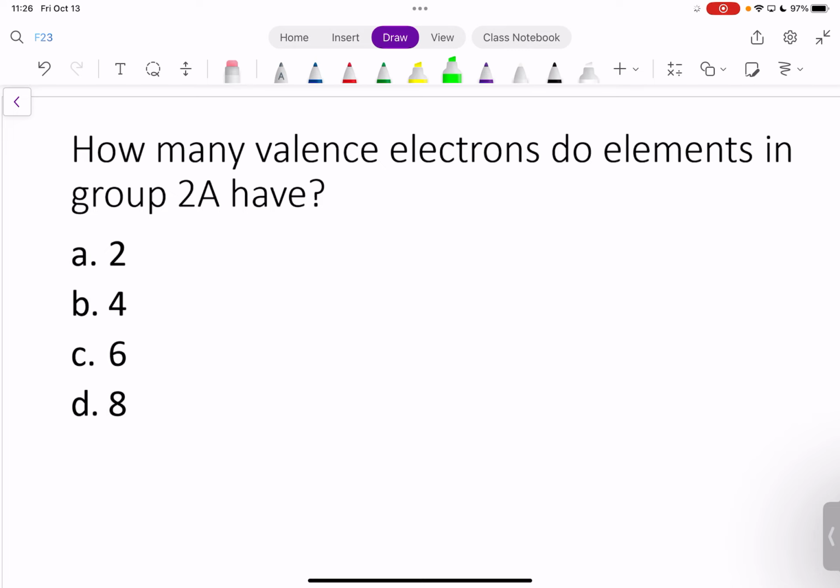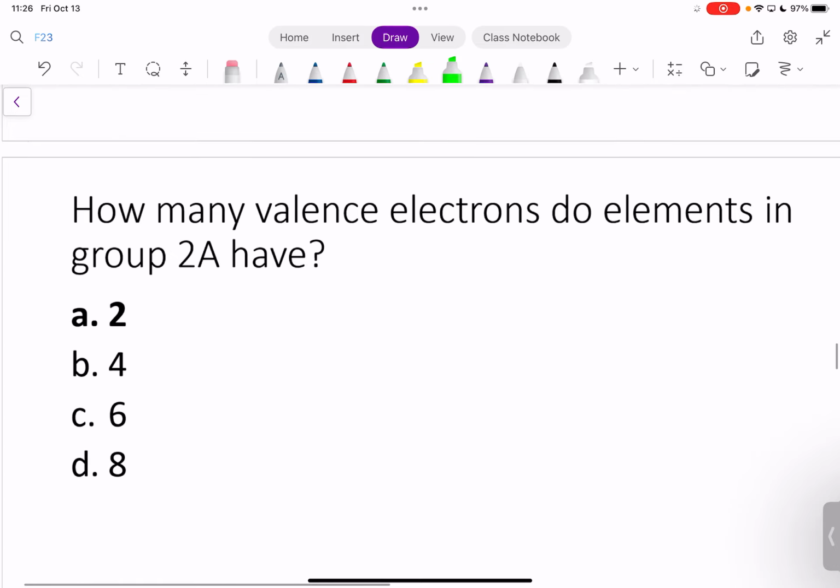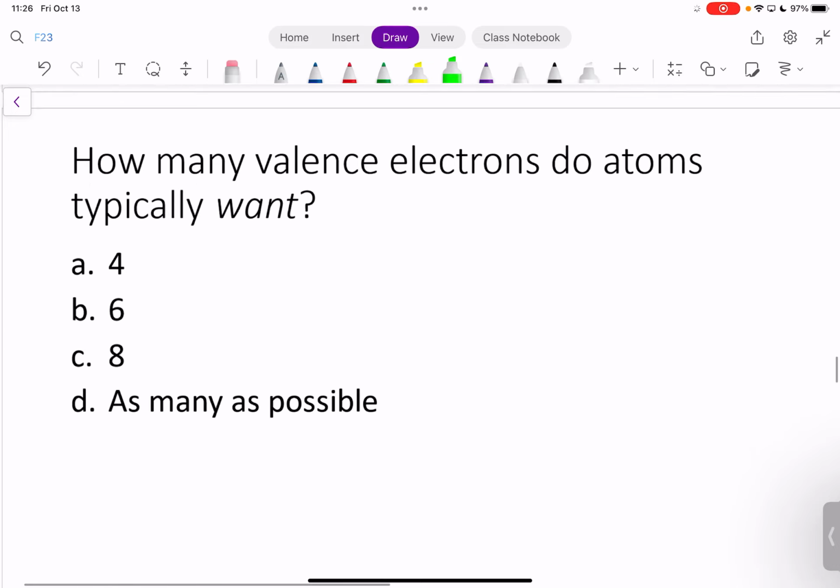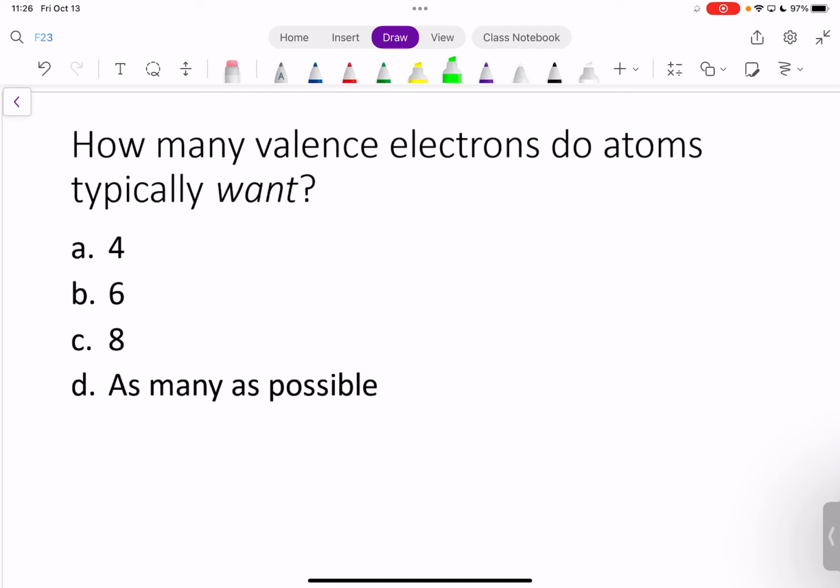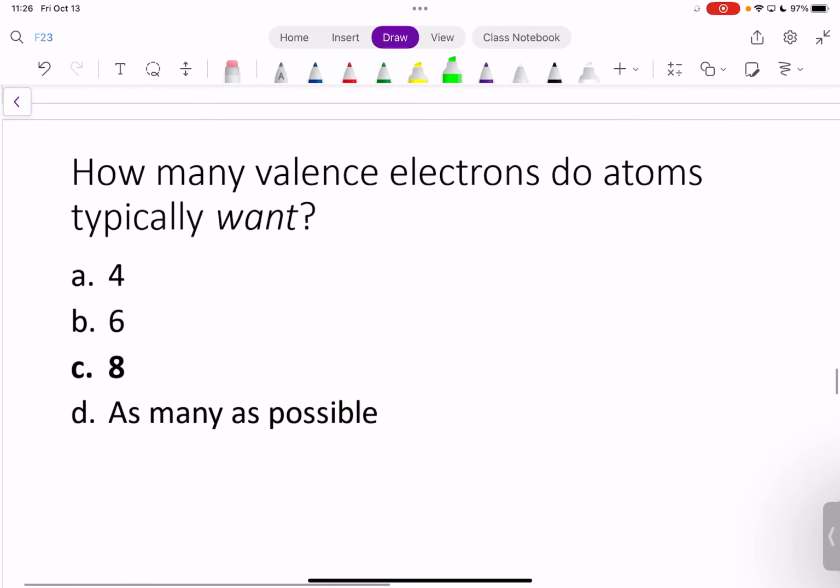For main group, tall column elements, the number of valence electrons equals the group number: 1A, 2A, 3A, 4A, 5A, 6A. How many valence electrons do atoms typically want? 8. Octet rule. They want 8, typically. Why do I say typically? Is it always true? I can think of 2 elements it's not true for.